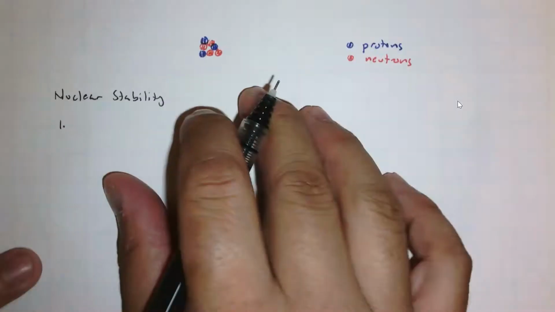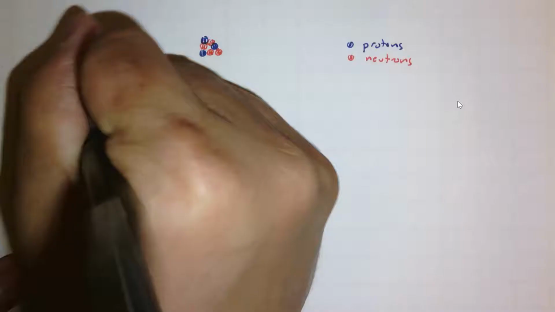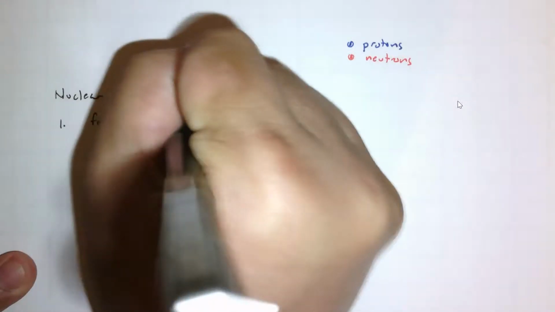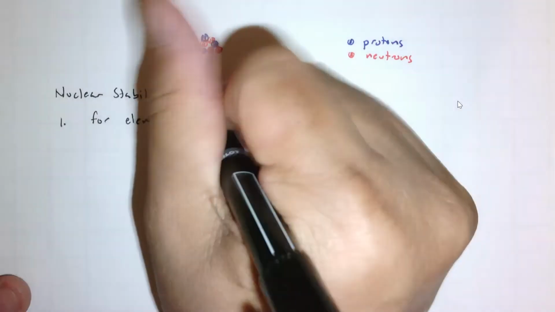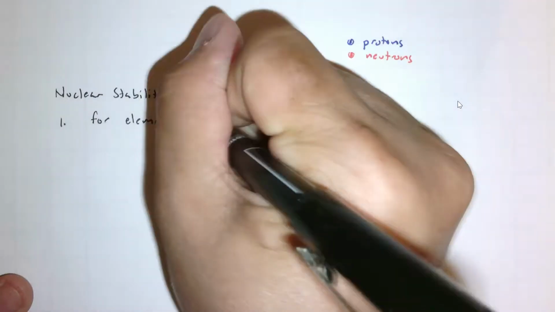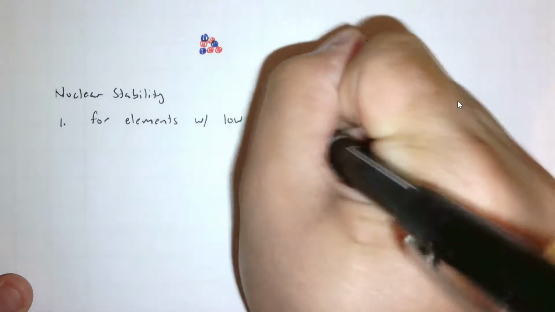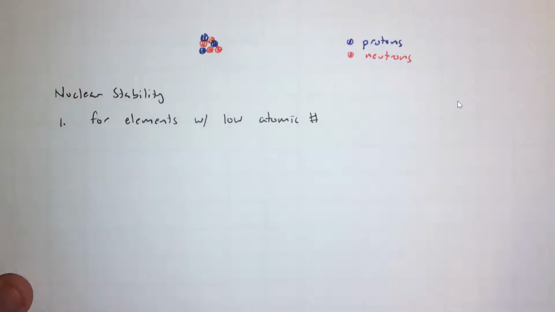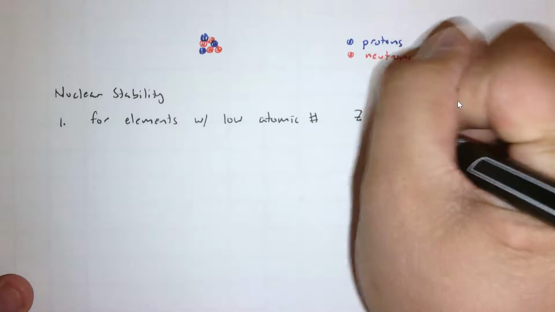For elements of low atomic mass, or atomic number, and the cutoff will be 20. So elements below atomic number, that's Z. Z is going to be less than or equal to 20.